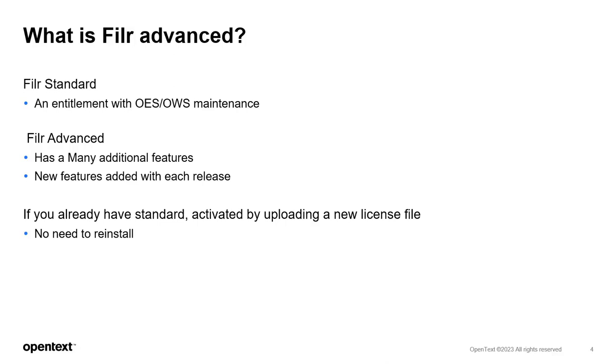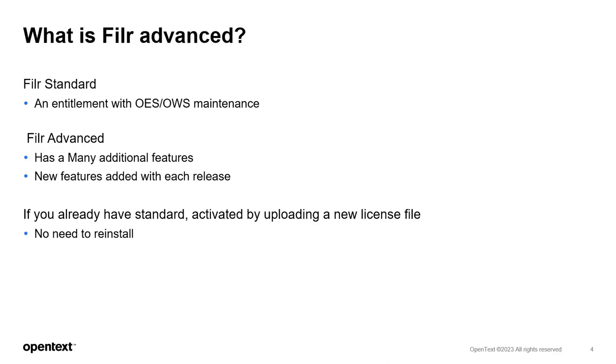So Filr Advanced is an add-on that you've got for Filr Standard. Filr Standard is an entitlement that you get with your Open Enterprise Server or Open Workgroup Suite maintenance, and that gives you the capability for remote access and indeed sharing those files.